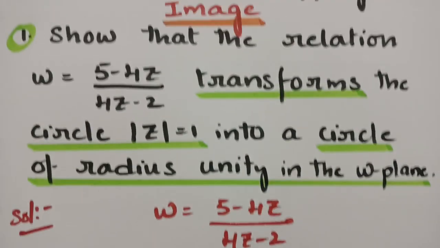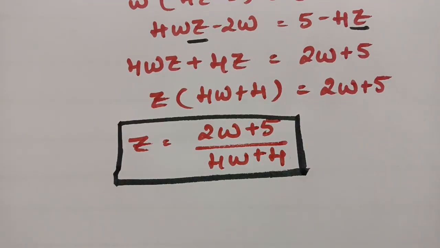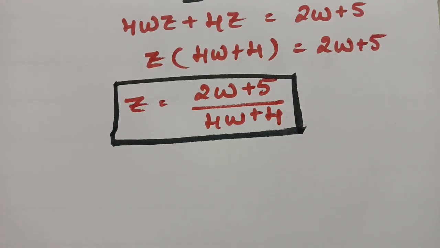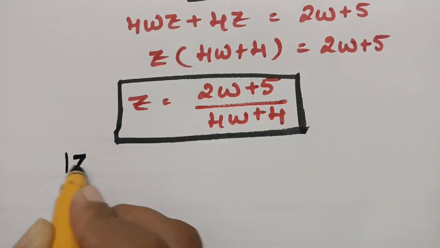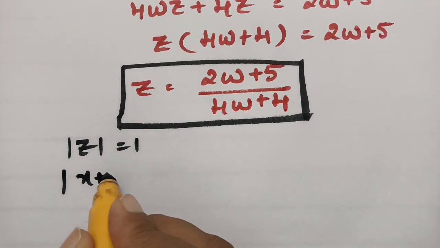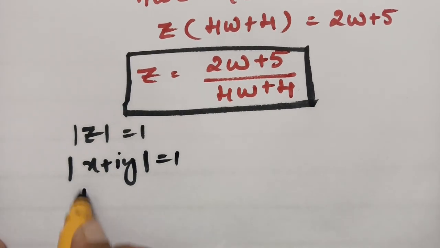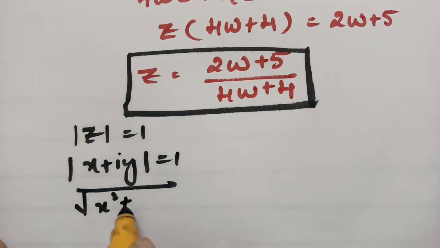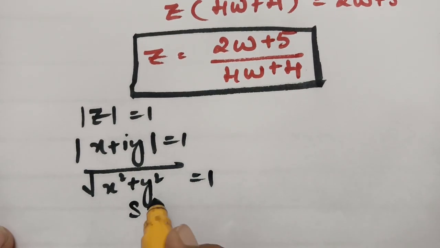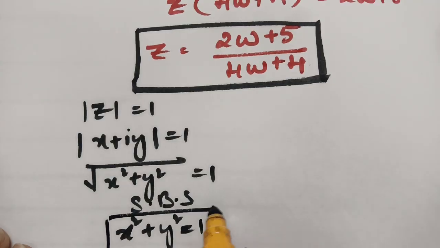Now see here, the circle is given as |z| = 1. See clearly, if it is |z| = 1, what happens? |z| is nothing but |x + iy| = 1, which is the square root of x squared plus y squared equal to 1. If I square both sides, then x squared plus y squared is equal to 1. Clear?